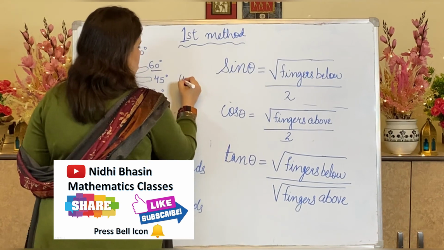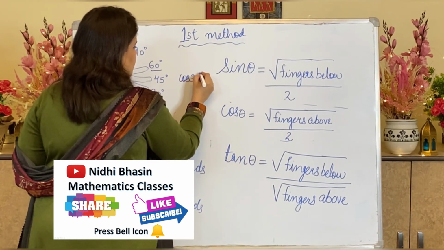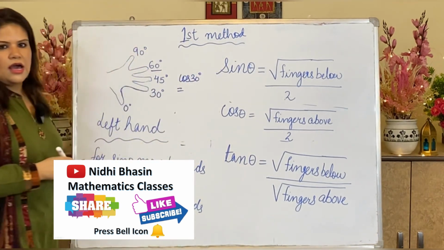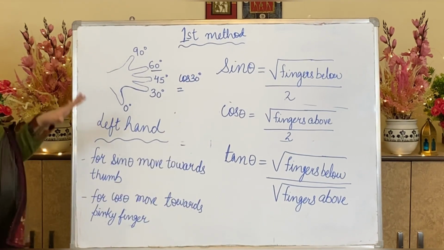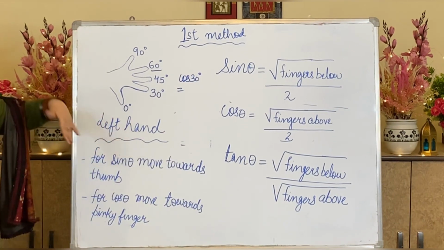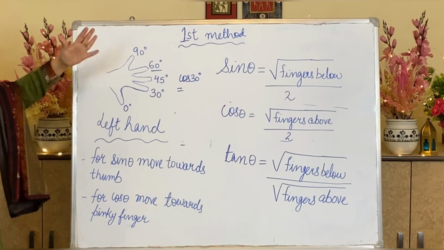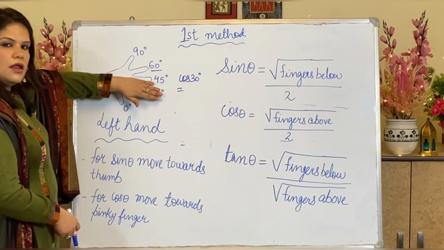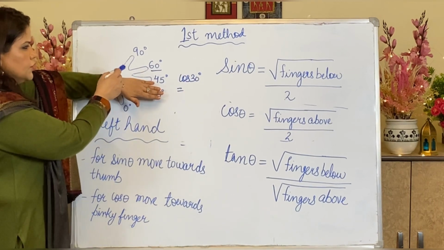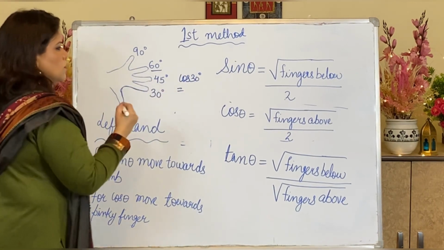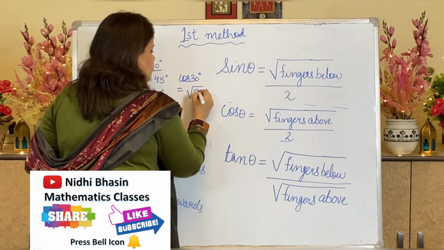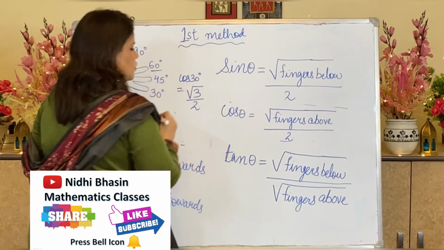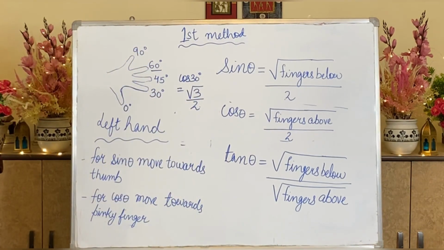If I am taking cos of 30 degree, which direction do I have to go? I have to go to fingers above or towards the pinky finger. So this is 30. How many are there above it? 1, 2, 3. So root of 3 by 2 will be cos of 30.